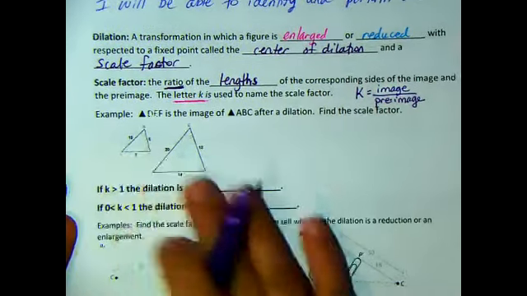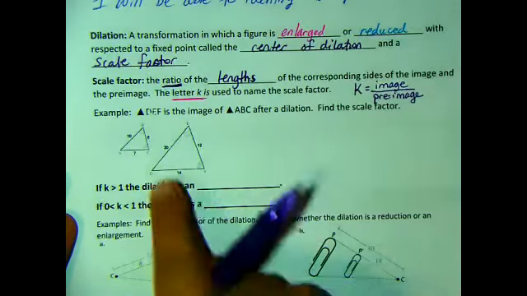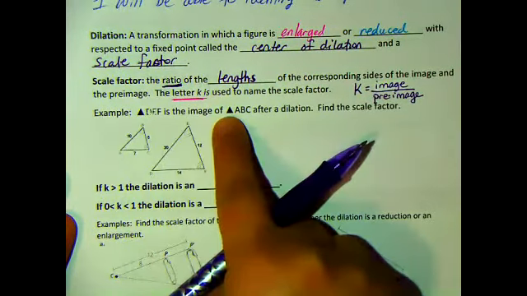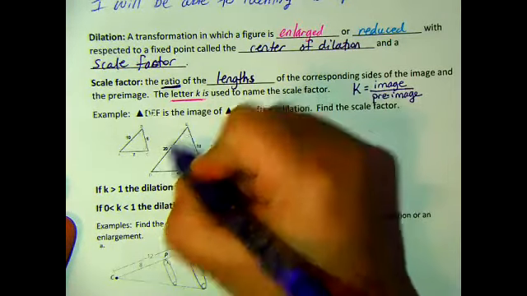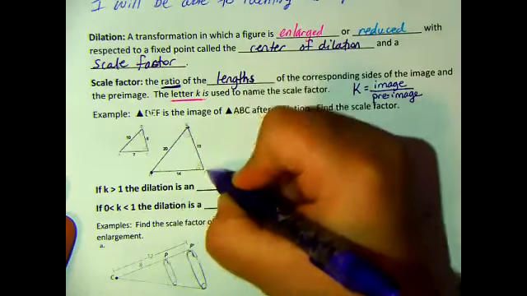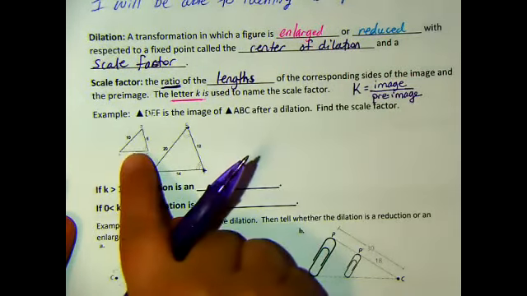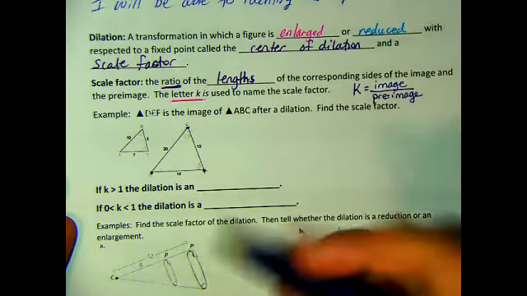Which triangle is the image and which triangle is the pre-image? It says triangle DEF is the image, so DEF here is our image, which makes triangle ABC the pre-image.